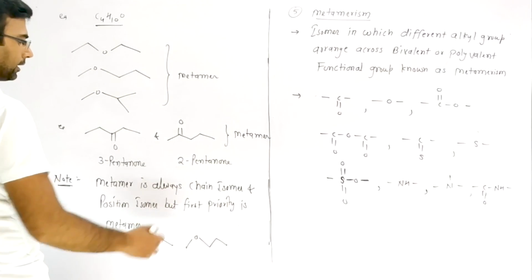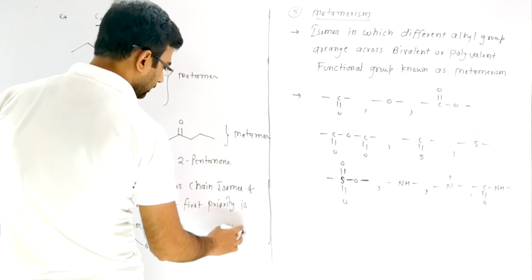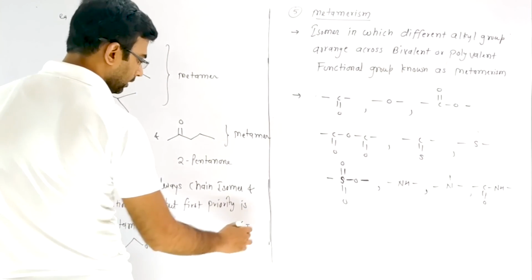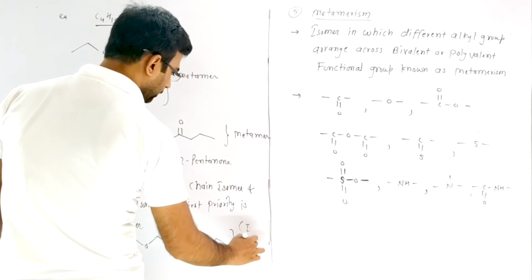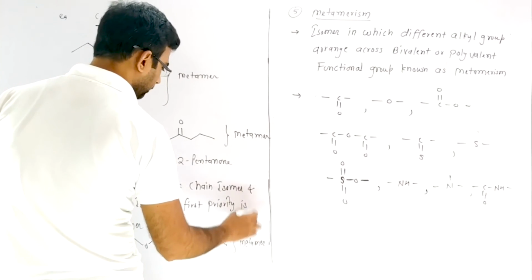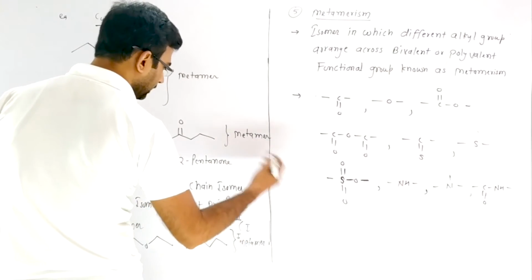Now in this compound these are chain isomers as well as metamers, but the first choice is metamer, then we consider chain isomer.